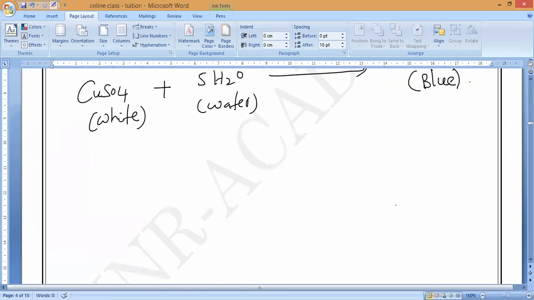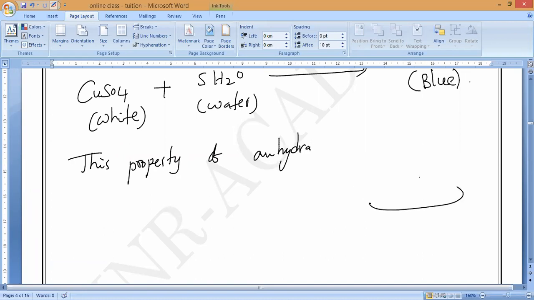This property of anhydrous copper sulfate is used to detect the presence of moisture in a liquid. Is it okay, guys?